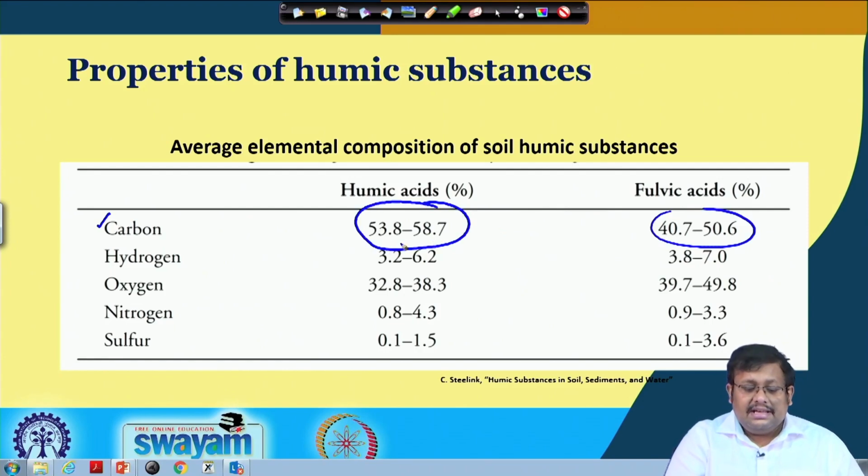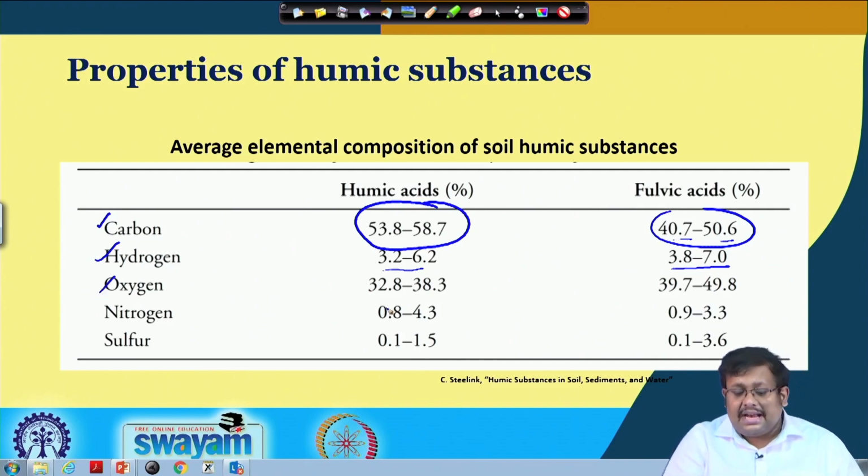In humic acid, the carbon concentration varies from 53.8 to 58.7%, whereas in fulvic acid it is 40.7 to 50.6%. The hydrogen content is 3.6 to 6.2% in humic, and 3.8 to 7% in fulvic. So, we are not seeing very much difference here.